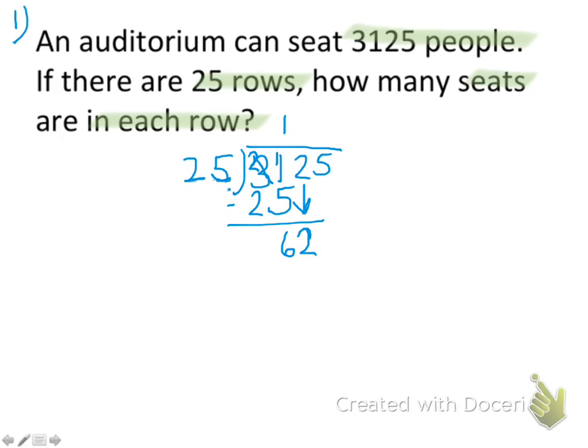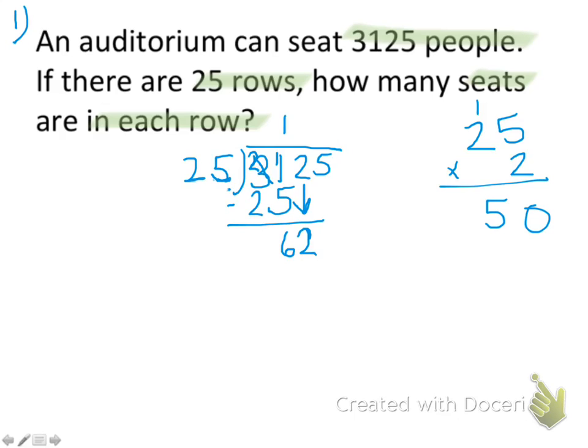Alright, how many times can 25 go into 62? If you're not sure, take a guess and then check it on the side over here. I'm going to guess about 2 times. 25 times 2, 2 times 5 is 10, 2 times 2 is 4, plus 1 is 5. And 50 is smaller than 62.